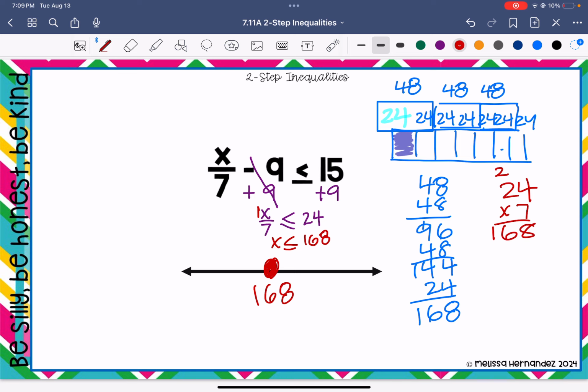So once you start thinking about what it could be, 168, it can be 167, 166, anywhere below, all the negative numbers, all the numbers in between. So we would graph it this direction. On the STAR test, this is usually like a 2-point question. One is to get the answer right, and the second is to graph it.